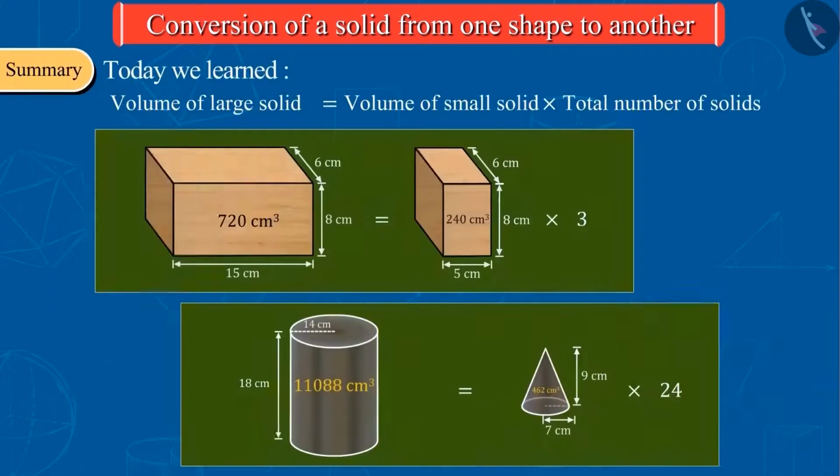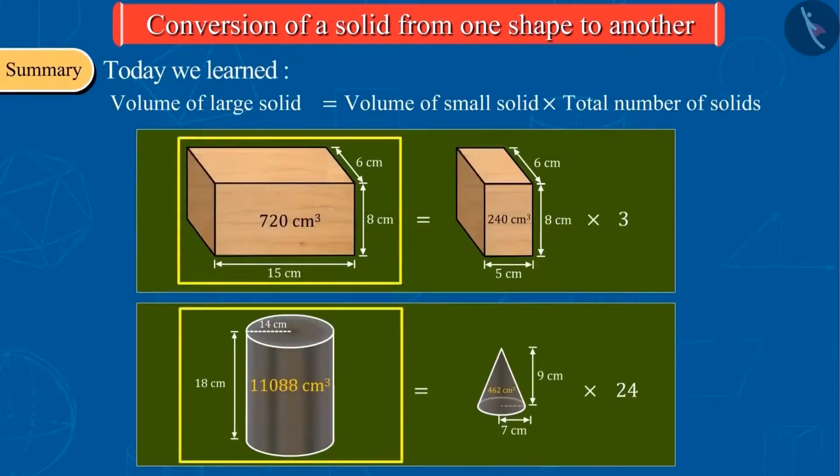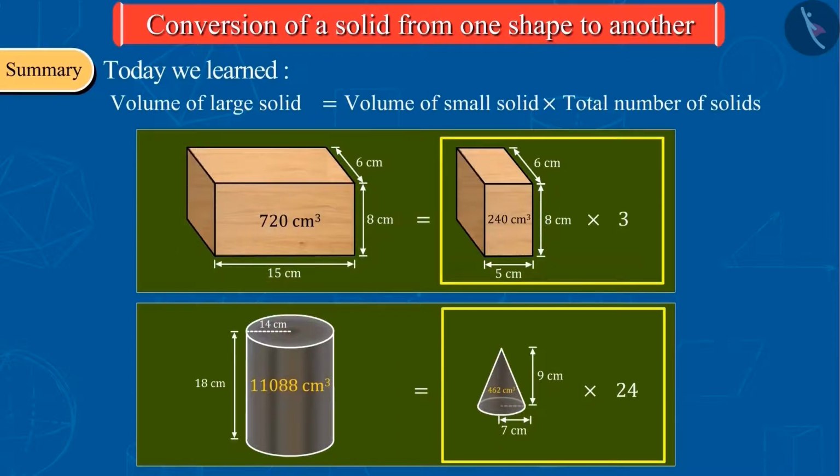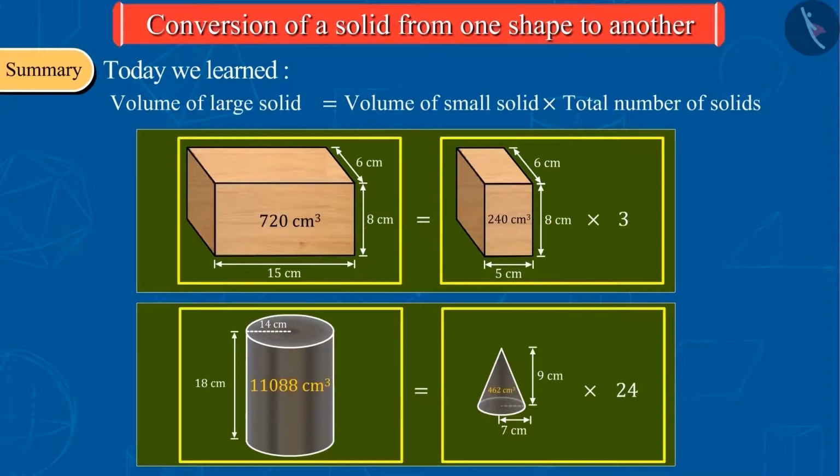Today, in this video, we learned that on converting a large solid into small solids, volume of large solid is equal to volume of small solid multiplied by the total number of solids.